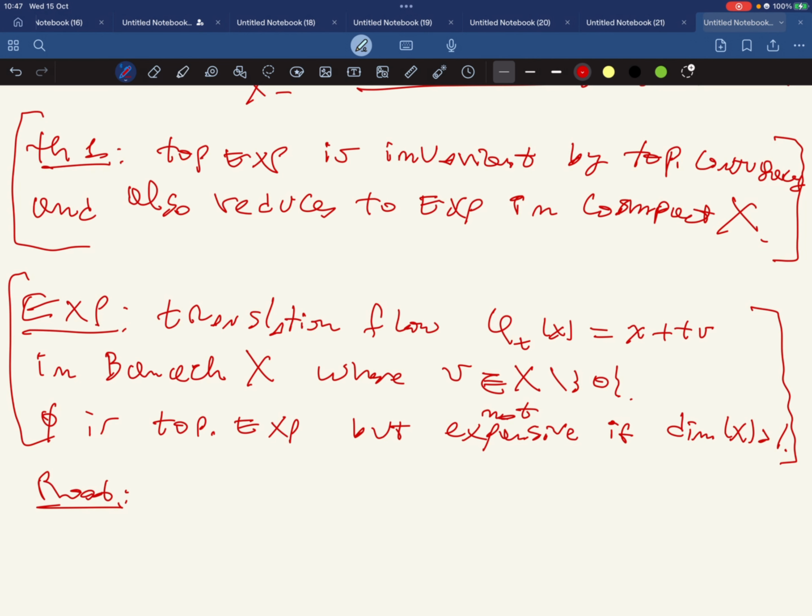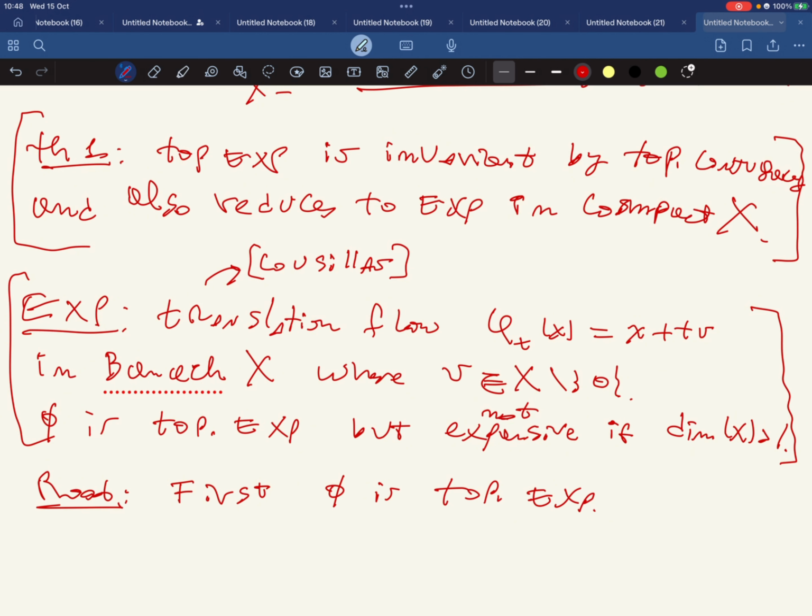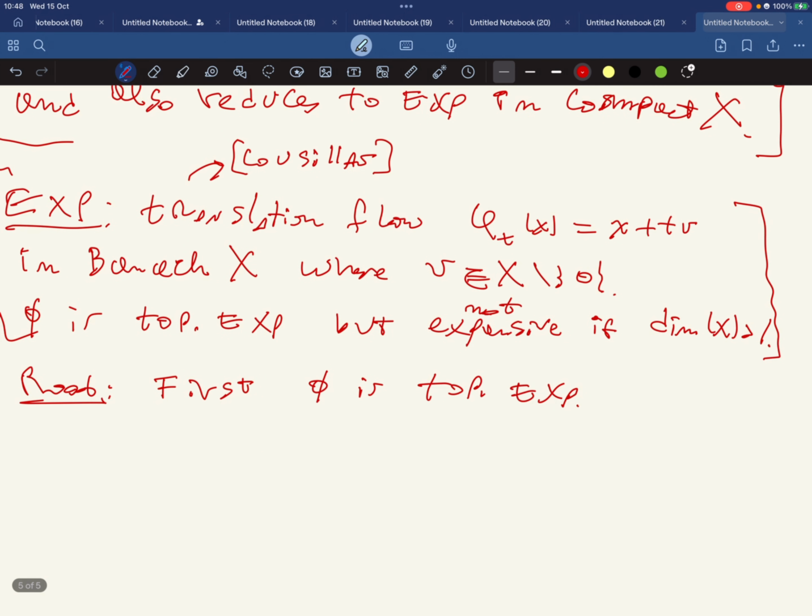Okay, let me try to explain why. This example is inspired by an example of Artigue, very influenced by this example, even the proof. Okay, first, we show that phi is topologically expansive. For that, maybe I have to use a different letter here, but okay.